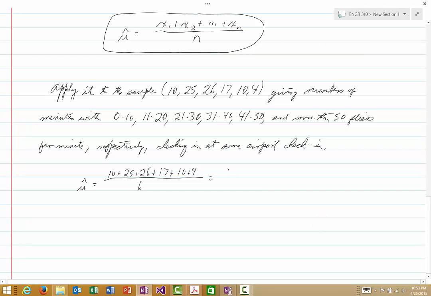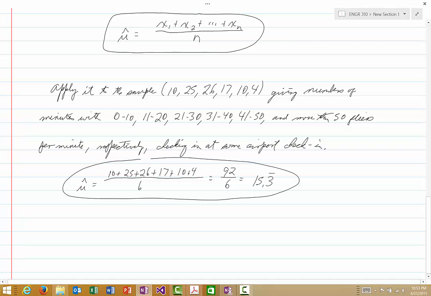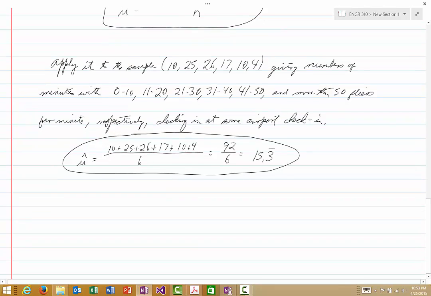And so this comes out to be 92 over 6, or 15.3 repeating. So now that completes problem 25.2.3.